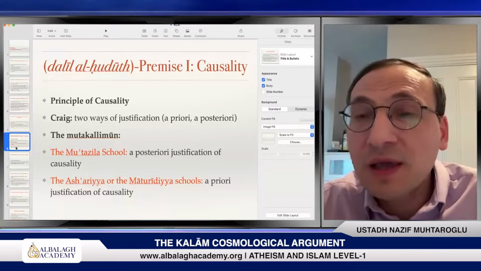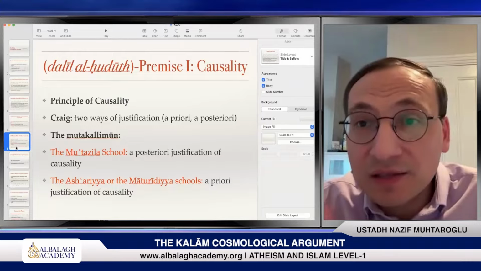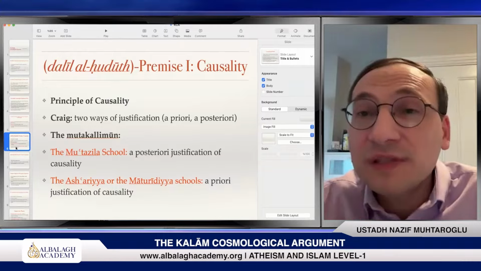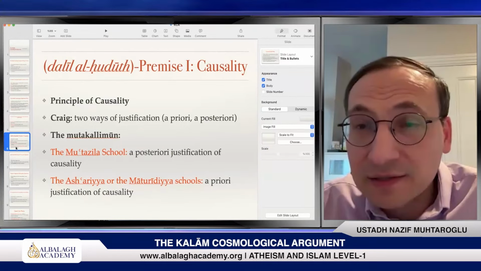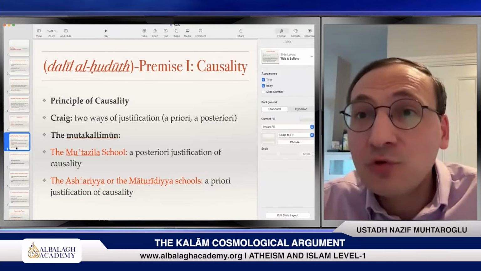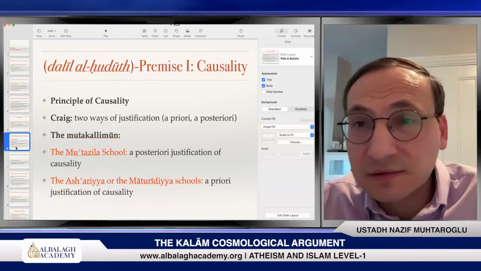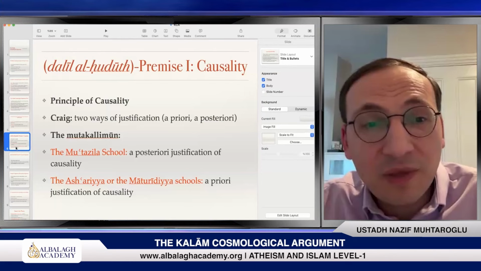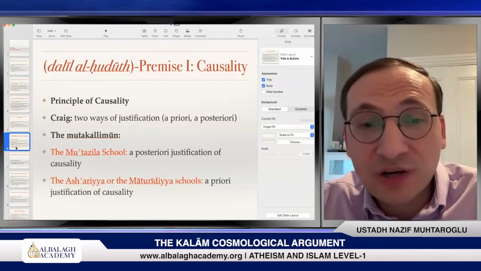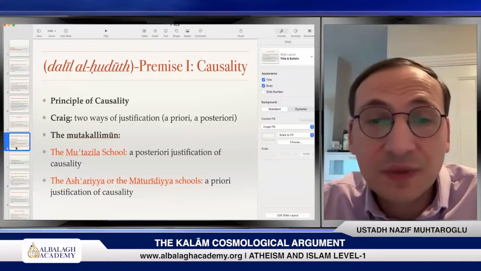The humans, with their wills, cause certain actions, and this is how humans experience causality in the world. Remember their famous doctrine of the creation of human acts, افعال العباد, humans create their actions. Since this is a very strong claim, many mutakallimun from the Ash'arite and Maturidi traditions or schools criticize this.